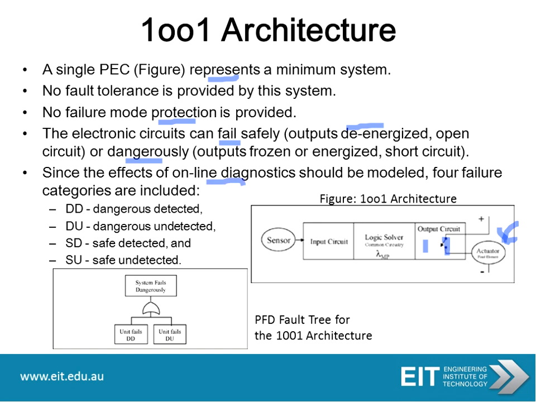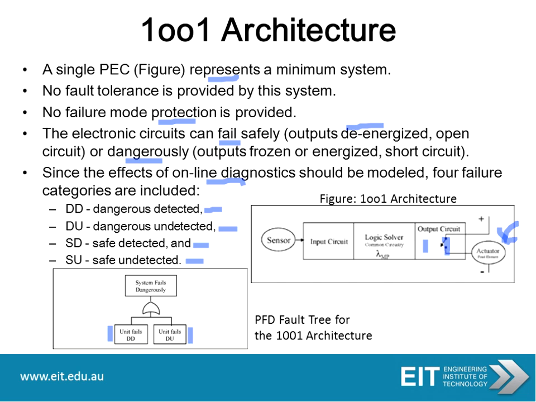Now, since the effects of your online diagnostics should be modeled, 4 failure categories can be included: dangerous detected, dangerous undetected, safe detected, and safe undetected. So you can see here, looking at the PFD fault tree for the 1oo1 architecture, the unit fails dangerously detected or the unit fails dangerously undetected.